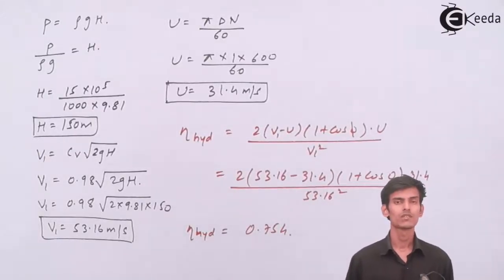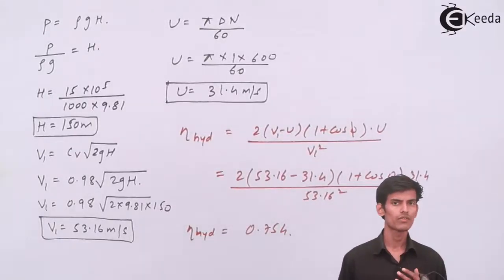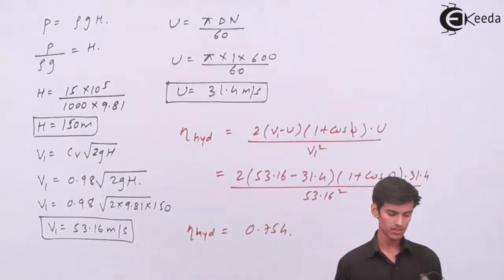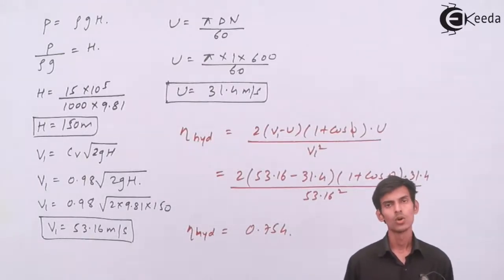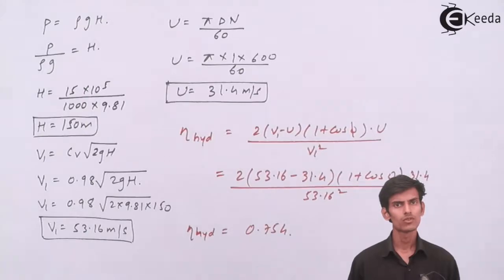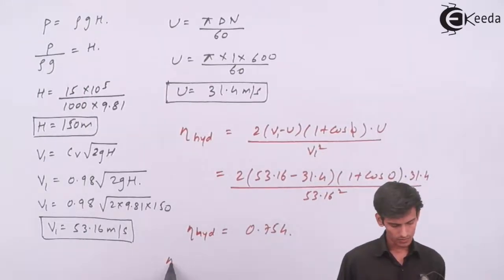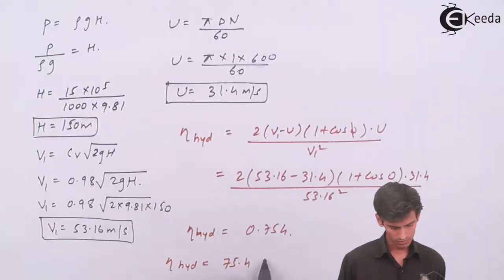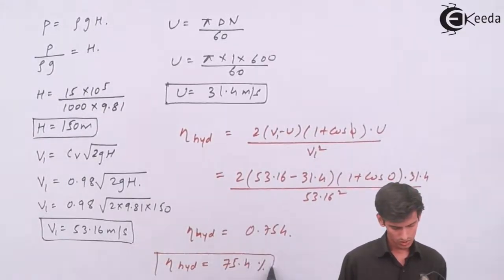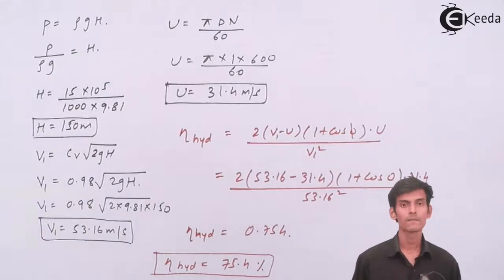So once you substitute the values of V1, u and phi, you get the hydraulic efficiency as 0.754, which is nothing but 75.4%. So we've calculated the first part, that is the hydraulic efficiency.